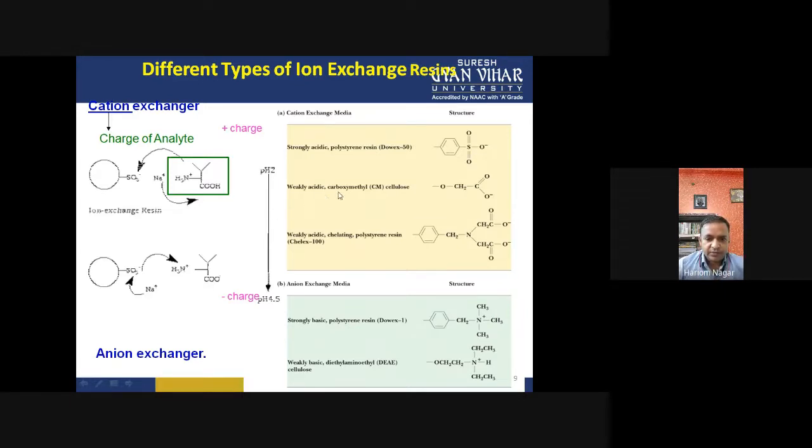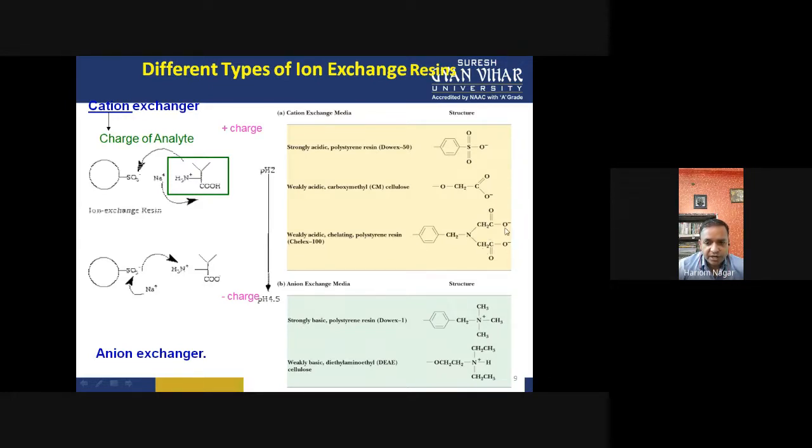And this is weakly acidic carboxymethyl CM cellulose, a cellulose derivative cation exchange resin. This also contains a positively charged ion, which is exchanged from this cation exchange resin. And the weakly acidic chelating polystyrene resin is this.